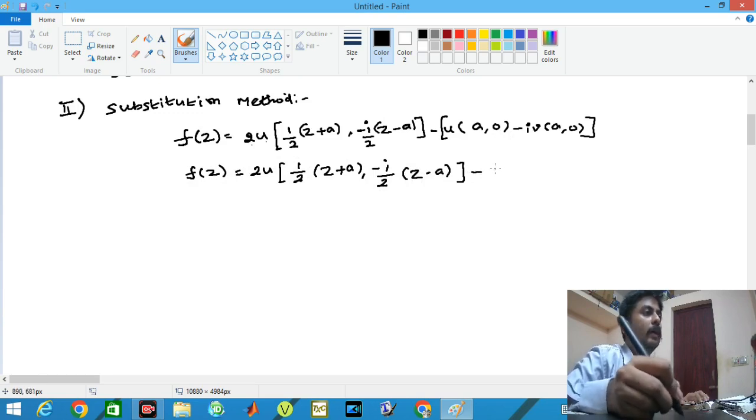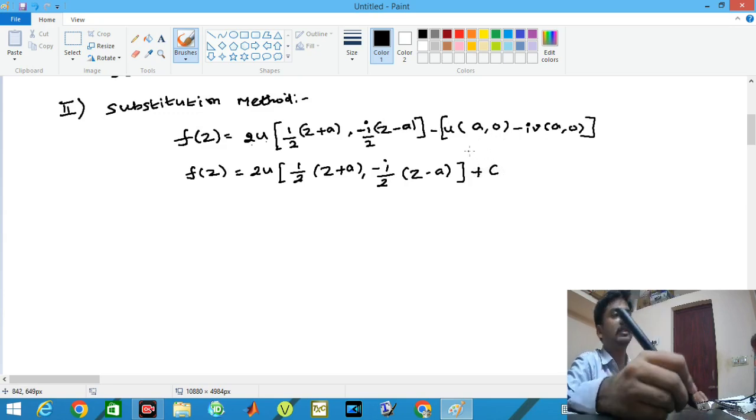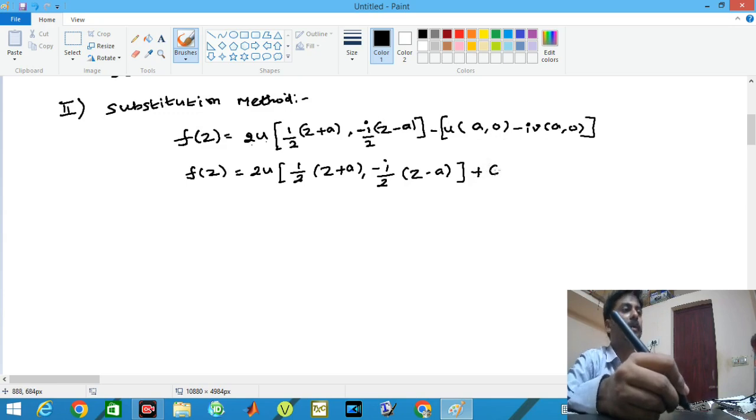Then minus, this full term is constant, I can put minus c, or since it is constant I can write plus c also, because the whole term may be a negative constant, it is an arbitrary constant, it can take any value, so I can write it as plus c.